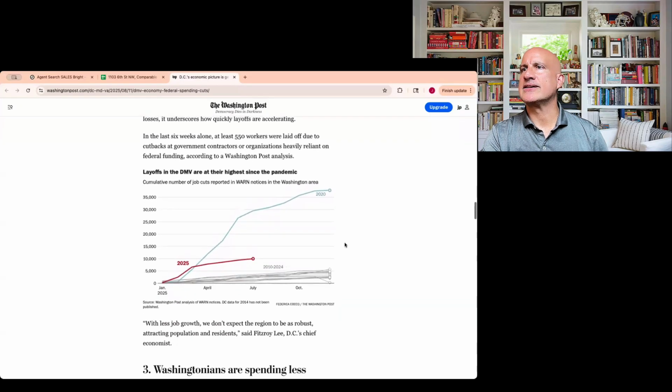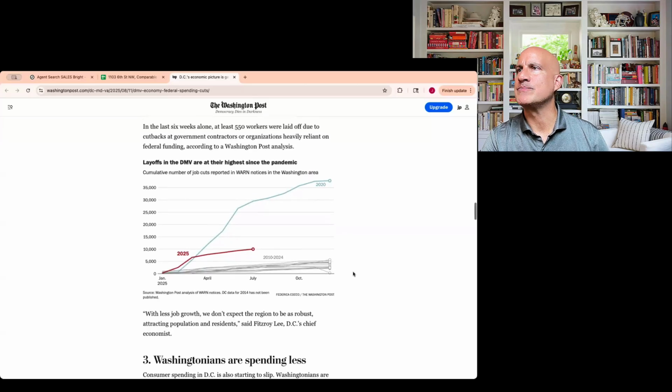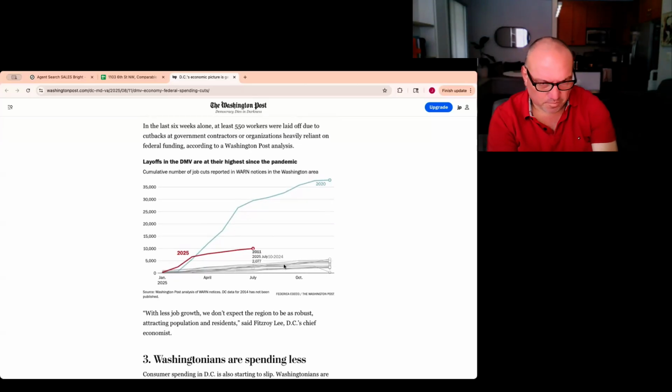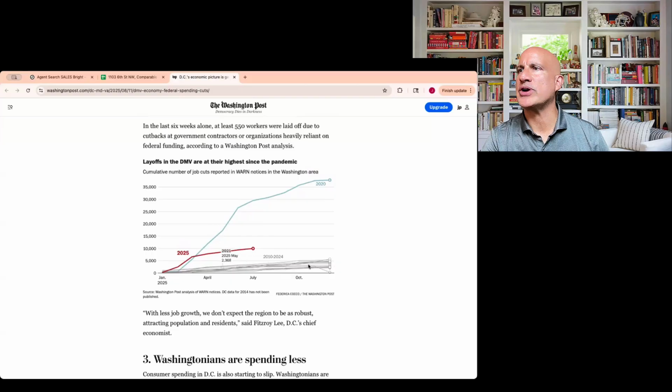Layoffs are mounting. So this is an interesting graph of how unemployment rose in 2025 relative to 2020, and then relative to other periods. So these are pretty calm periods.